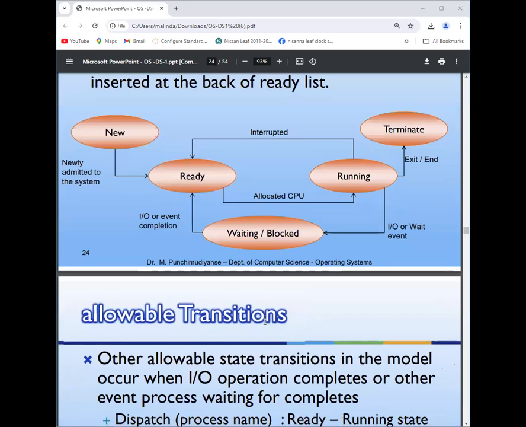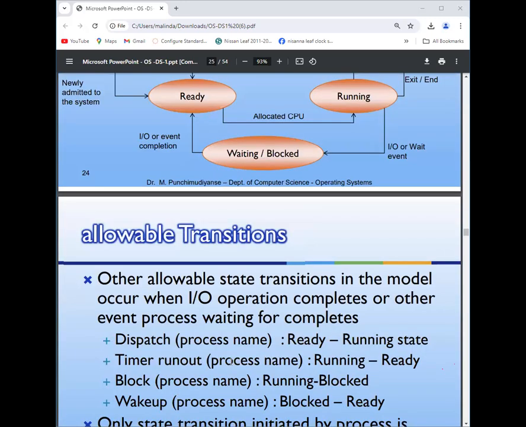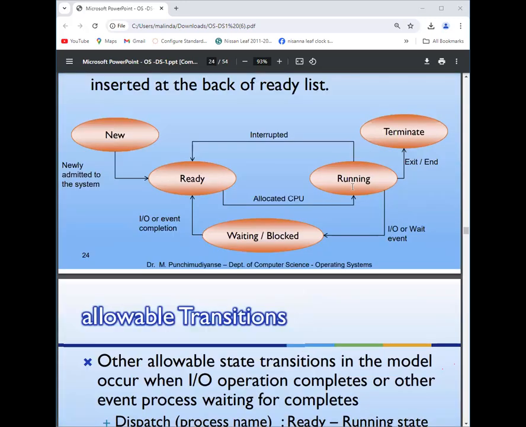Then the second one is timer run out. In modern operating systems, when there is a long list of processes, you can give a small time period to each and every process to run. We call it the timer.